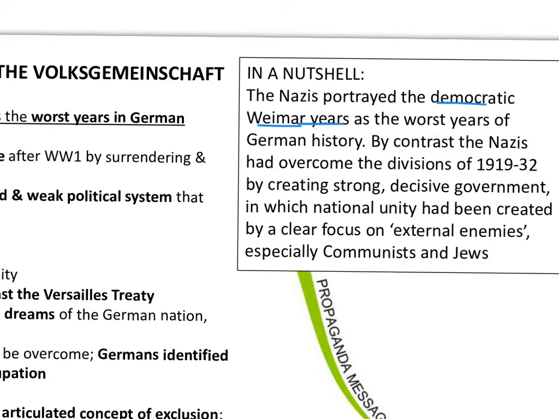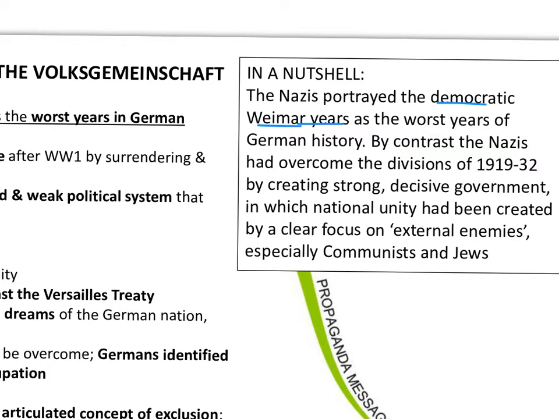Some Germans, the working classes, followed the Social Democrats. The middle classes followed a multitude of different political parties: the Centre Party, the German People's Party, the German Nationalist Party, and so on. All of this weakened Germany because Germans were turning against each other during the Weimar era.